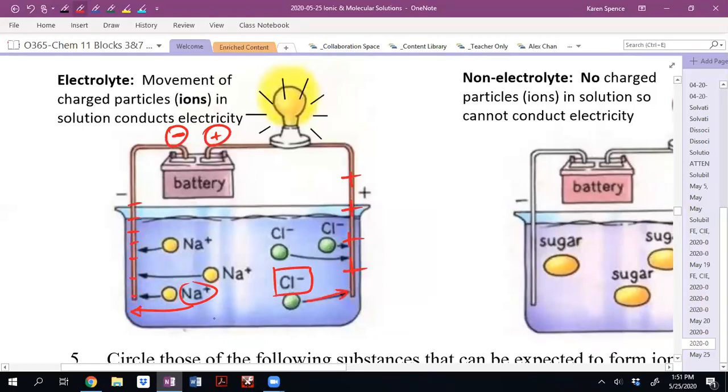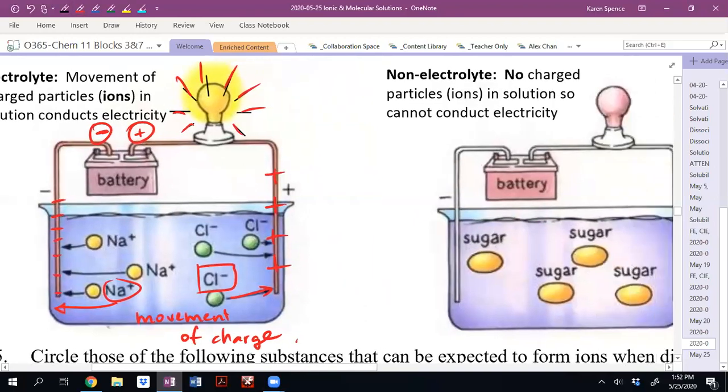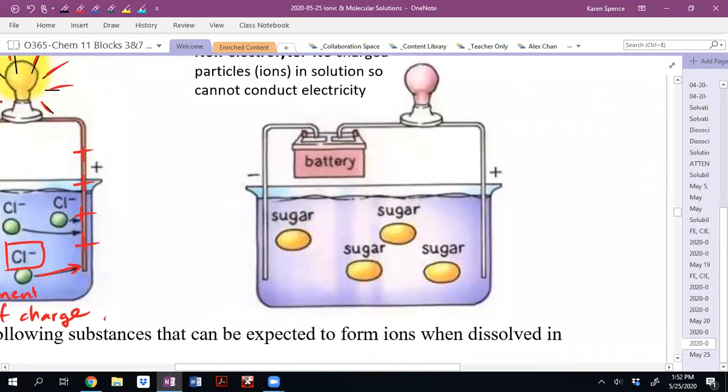And so now we have the movement of charge. And when you have the movement of charge, you have an electrolyte and the light bulb will light up. But if we have a non-electrolyte, there are no charged particles. So we can stick these electrodes in here, turn on the battery, have it all up and running, and nothing is going to happen because there are no charged particles in solution to conduct the electricity.